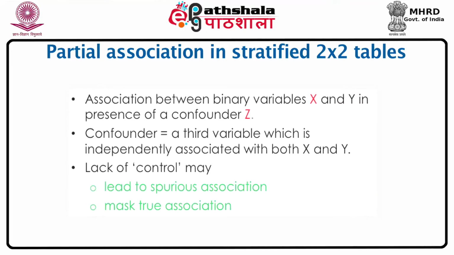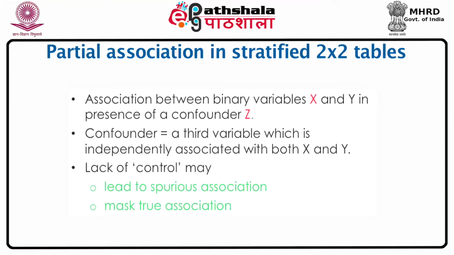So technically we are considering partial association in stratified 2 by 2 tables. This means that we are no longer considering the simplest example where we are looking at two variables x and y, but we are also looking at a third variable z which we term as a confounder.